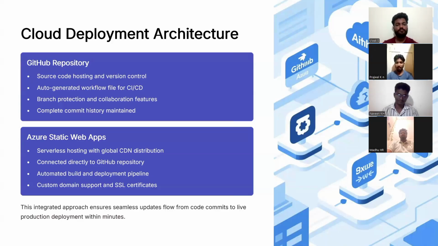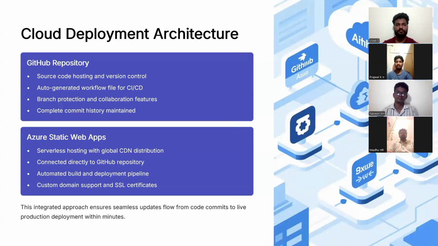Azure Static Web Apps offers serverless hosting with a global CDN and connects directly to the GitHub repository, automatically building and deploying the site on every Git push. It supports custom domains and SSL for security. Together, GitHub plus Azure forms a seamless, automated deployment pipeline, ensuring quick updates from code to production.